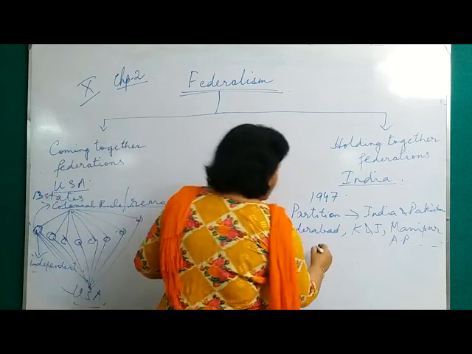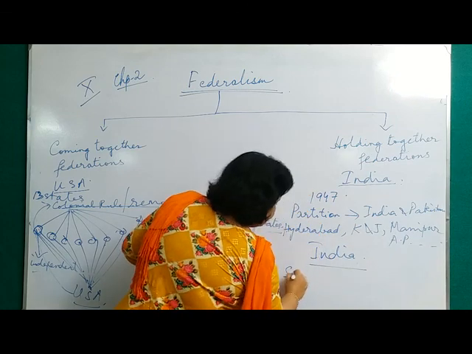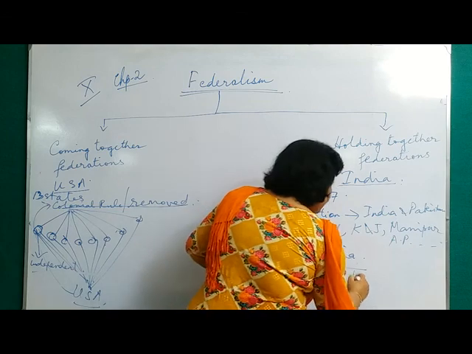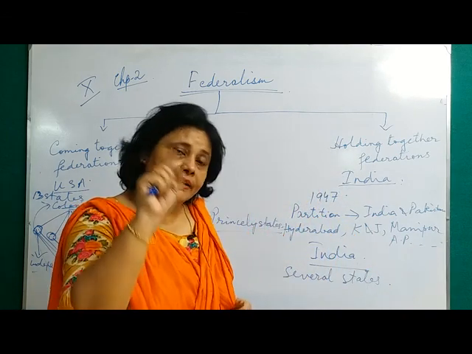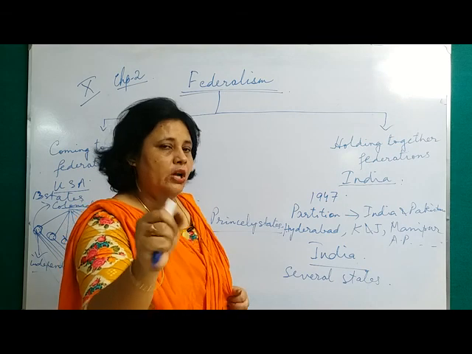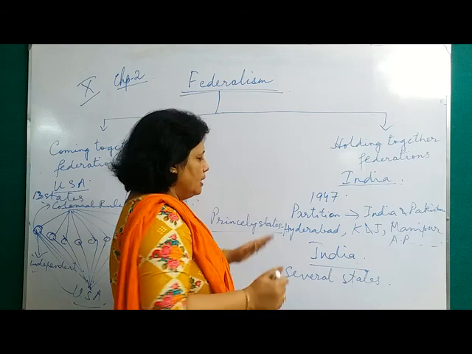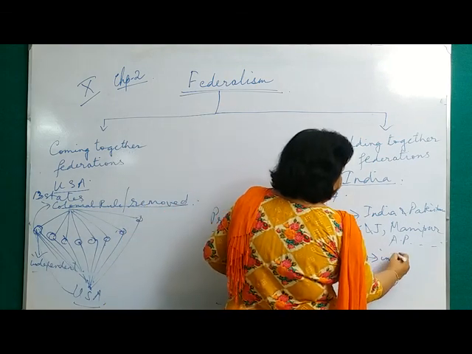And as a result, what you see in India now is several states who were not independent, remember, they were all directly under the rule of the British. So they were not independent, they came together and they formed one independent nation which is known as India.